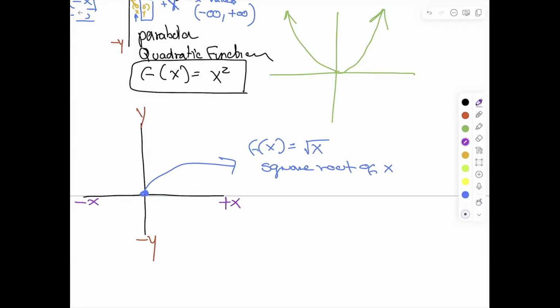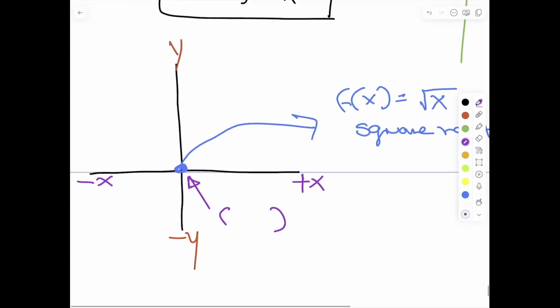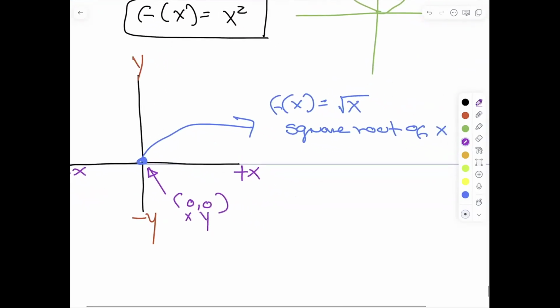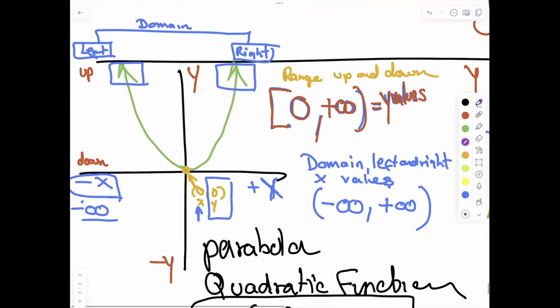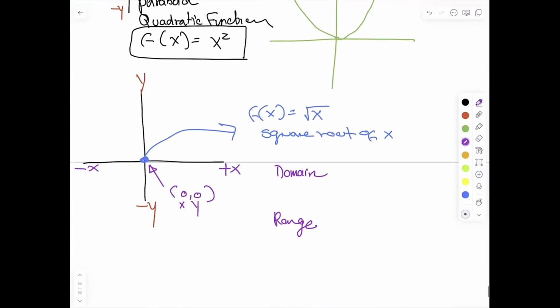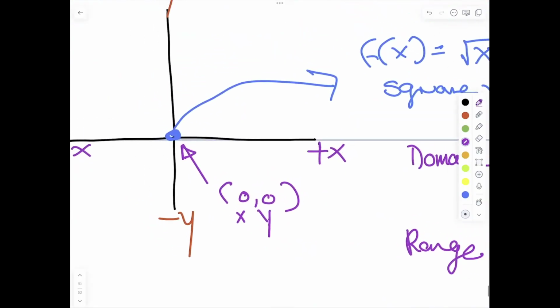Look at the blue function line. What is this value here? 0,0. Right. That's an x and that's a y. So, who could tell me what the domain is and the range? Look at the blue line. Is it like the parabola that it's going to go all the way to the left and all the way to the right? Or it's very specific.